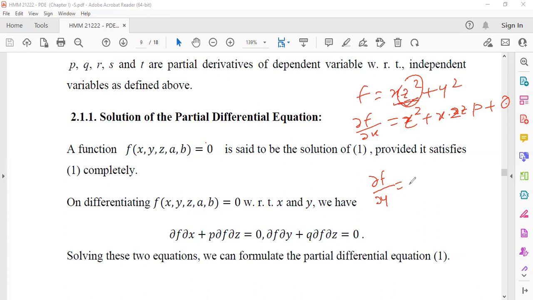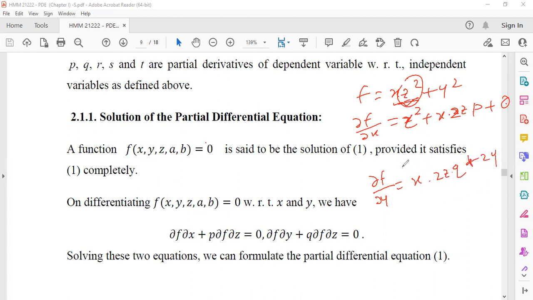The x part will be 0. That is x times 2z times q, q will become, isn't it? Am I right?